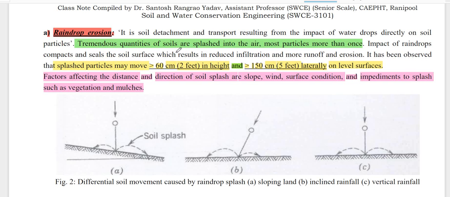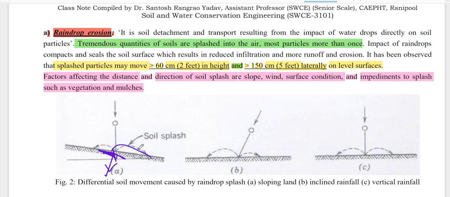Tremendous quantities of soil are splashed in the air, and most particles are splashed more than once. The impact of the raindrop compacts and seals the soil surface. If a raindrop comes, it will compact the soil surface and also seal it so that there is no infiltration. It will reduce infiltration and more runoff will be there.